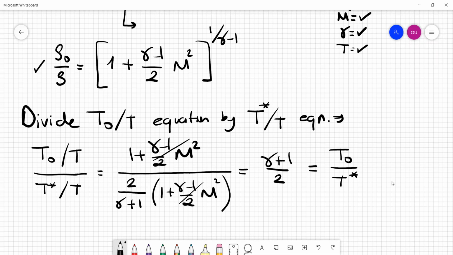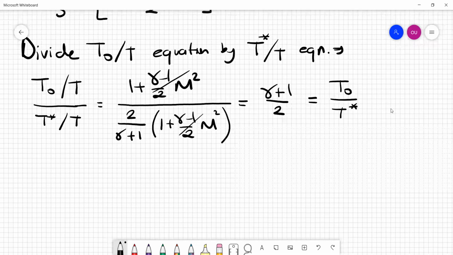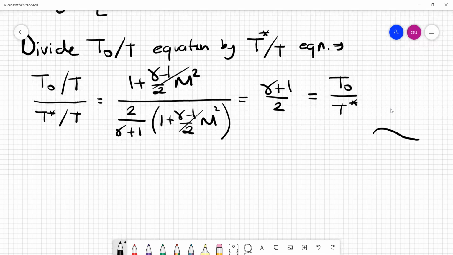That is interesting because if you remember, I said that along a streamline in adiabatic steady-state inviscid flow, T0 is a constant, T star is a constant, and therefore A0 and A star are also constants. These are both constants, but these two constants are related with this equation. This is equal to gamma plus 1 over 2.